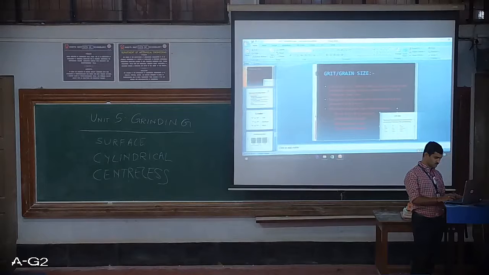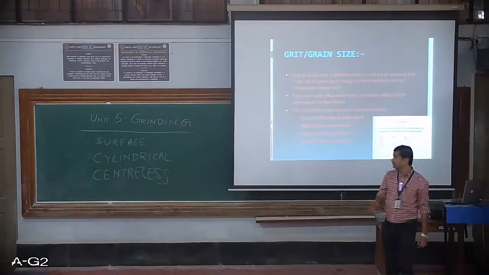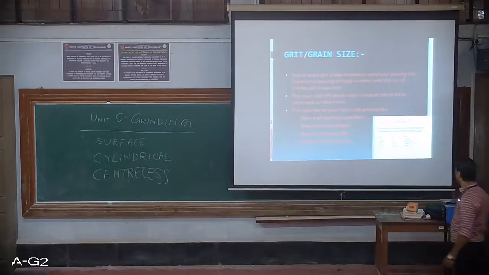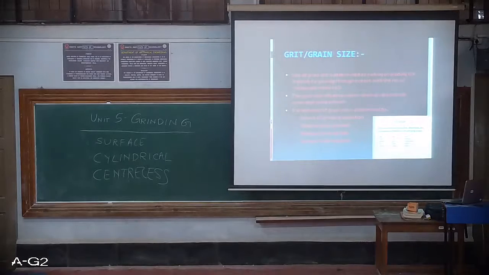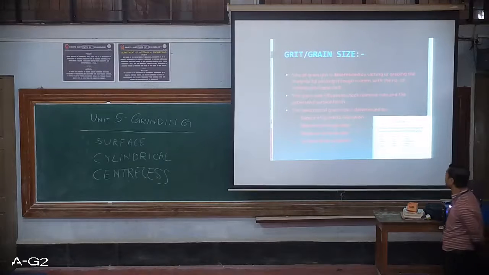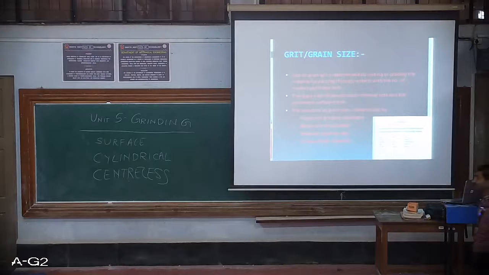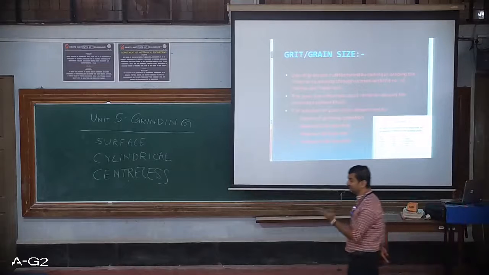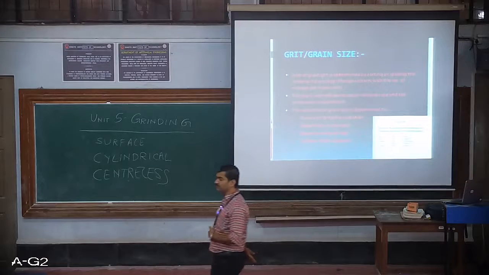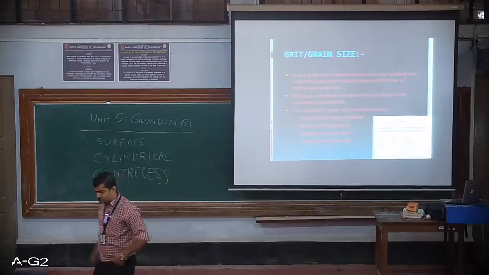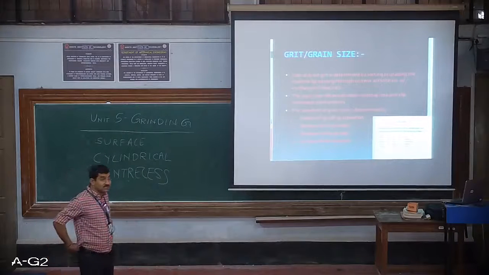Okay, so you can see the grit or the grain size. The size of the grit or grain is determined by the number of screens that it can pass. If you remember, during your sand casting lab, you had done the grain fineness test.